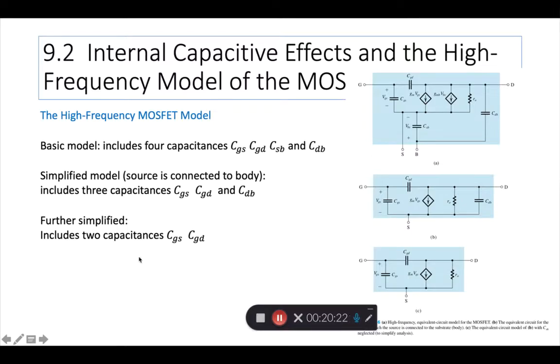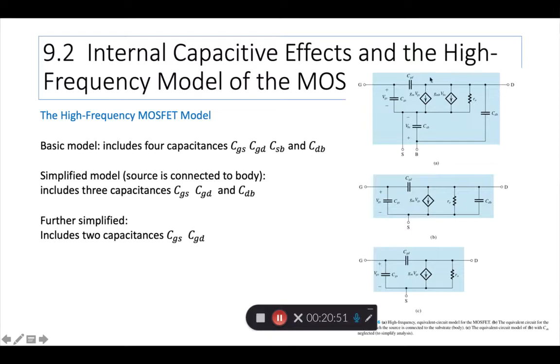Further simplification includes two capacitances, CGS and CGD. This CDB is taken out, because CDB is small enough that we can neglect it. So if you take out these capacitances, this very complex looking circuit becomes a little more simple, and even simpler.